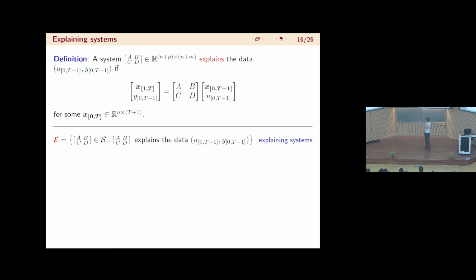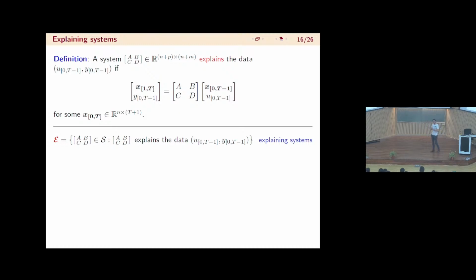By the set E, I denote all systems that are explaining the data. So these are all A, B, C, D in S for which A, B, C, D explains the data U, Y. So these are all systems consistent with the data.